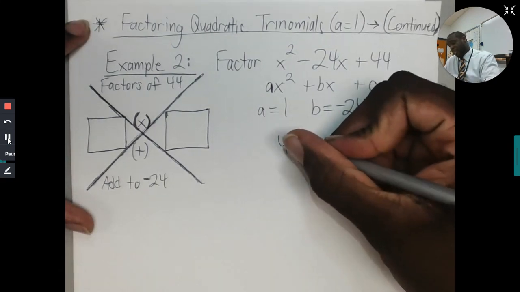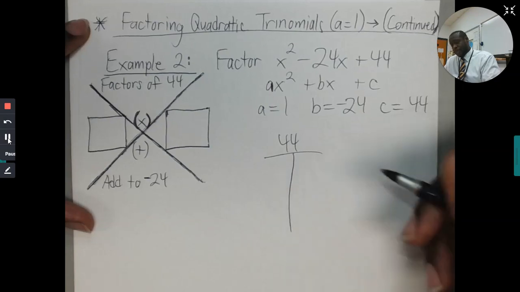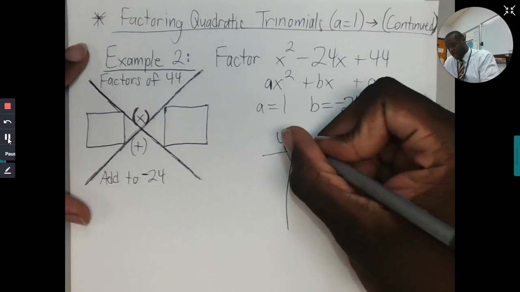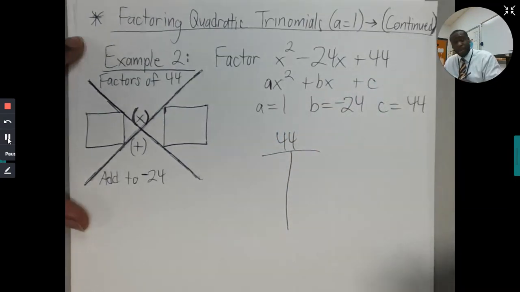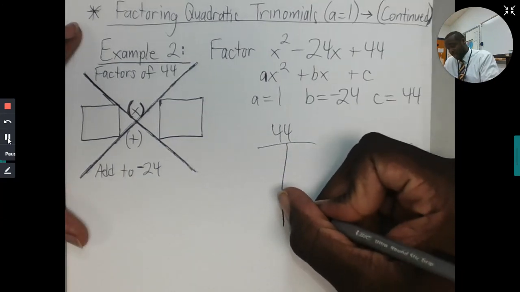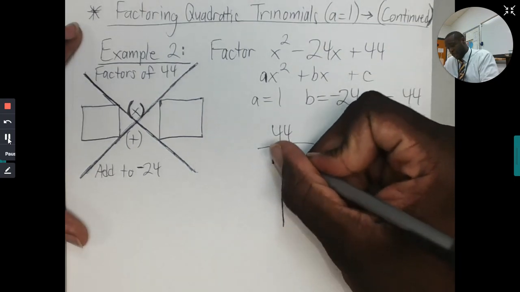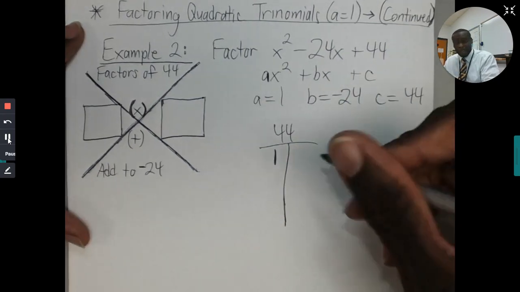So again, if you can't think of factors of 44 off the top of your head, I'm sure you know how to find out whether or not a number is divisible, or can be divided evenly, by another number. So 44 can be divided by 1 evenly.